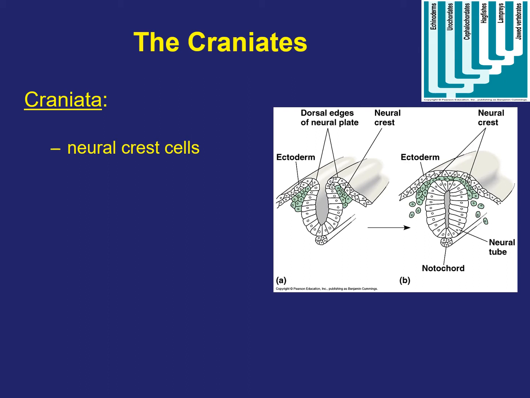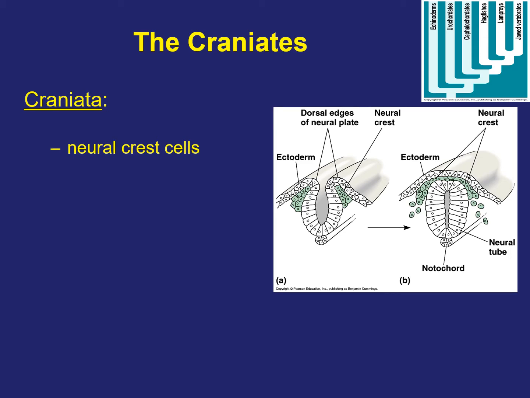What you're seeing here in this diagram is how that dorsal hollow nerve cord develops. So this is the development of our spinal cord. Notice at the bottom we have the notochord. That's the stiff, flexible rod that we see in all chordates at some point in their life. And then along the back of the animal, we have this groove that's forming.